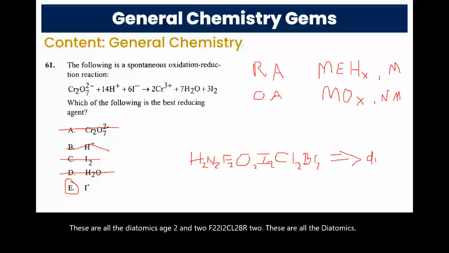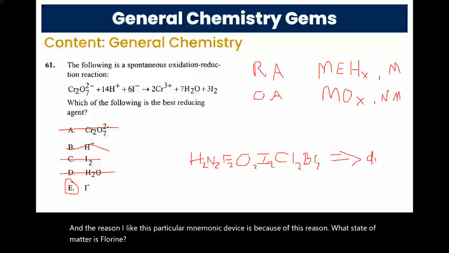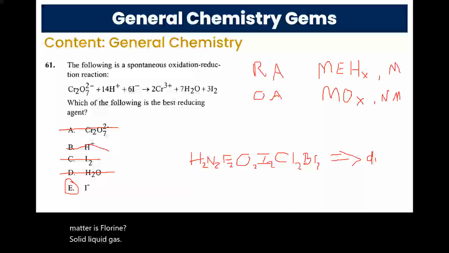The reason I like this particular mnemonic device is because of this. What state of matter is fluorine? Solid, liquid, or gas? It's a gas. What state of matter is bromine? Liquid. Not a solid. If I forget that it's liquid, there's an easy way to remember it.